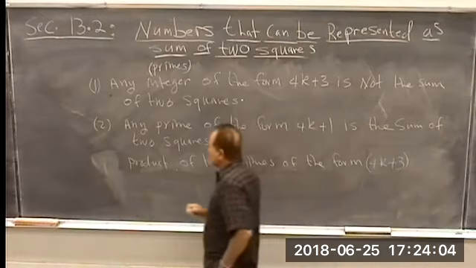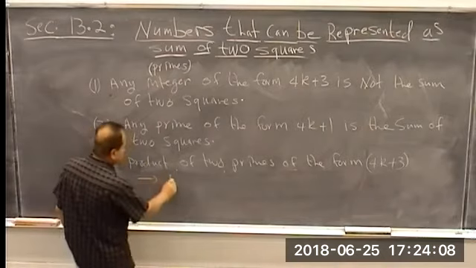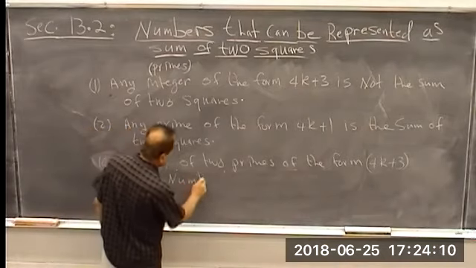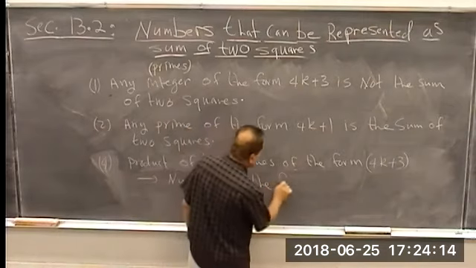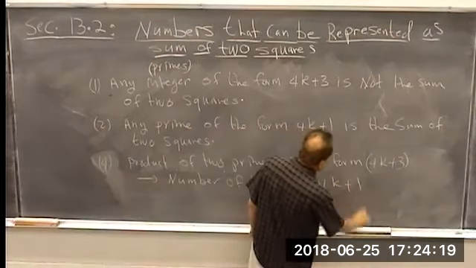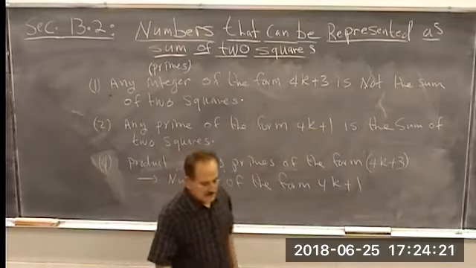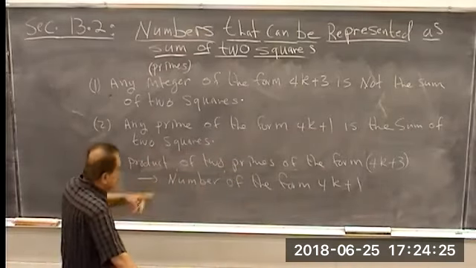So this actually gives us a number of the form 4k plus 1. Not a prime, but it's going to be of this form.